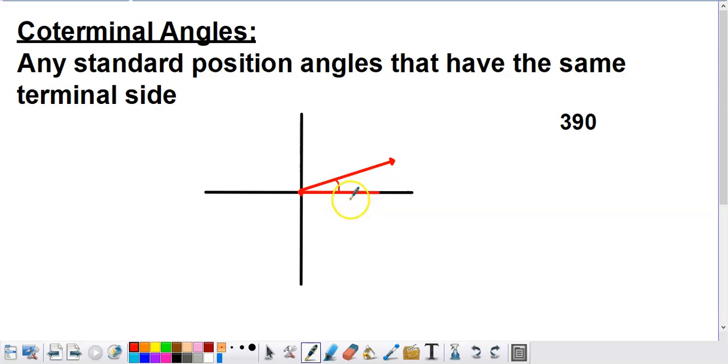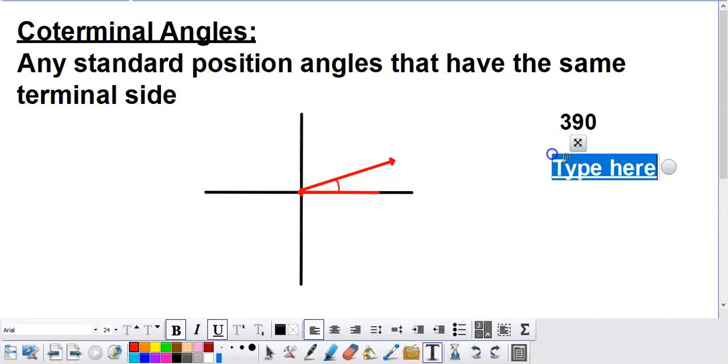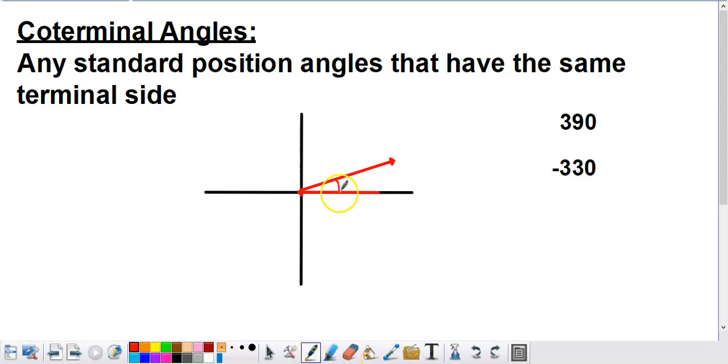What if I'm trying to plot the angle negative 330? So if I'm trying to plot the angle negative 330 degrees, I'm going to move the opposite direction around the circle. So I'm going to move through the negative y values first. Now I need to move negative 330 degrees. If I move negative 360, I'm back to the x-axis, right?